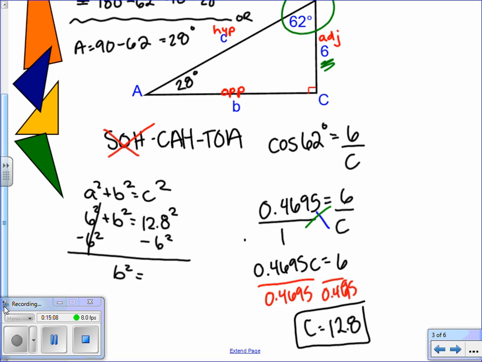And you'll come up with whatever 12.8 squared minus 6 squared is. I get 127.84. And then I have to take the square root of that number. And I get 11.3 for B.